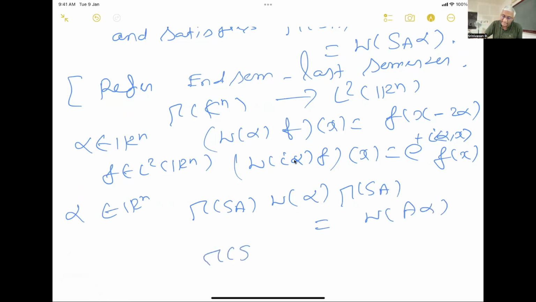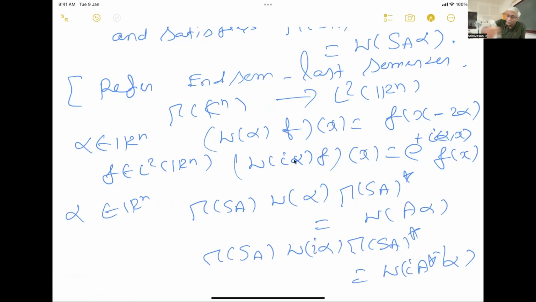Similarly, gamma of SA, W of I alpha, SA star will be W of A star inverse I alpha. Sorry. Use this definition. Just write down the definition, it will be clear. That's all. So from that, it follows.